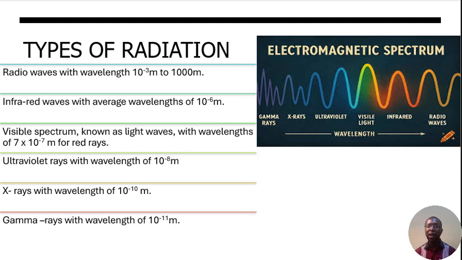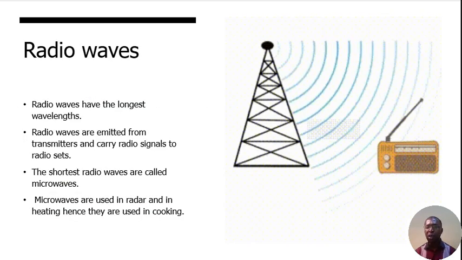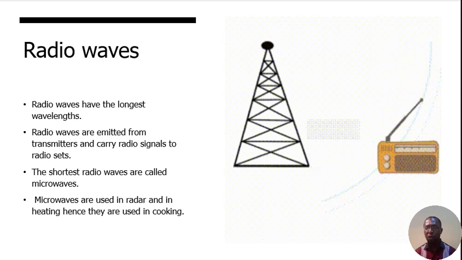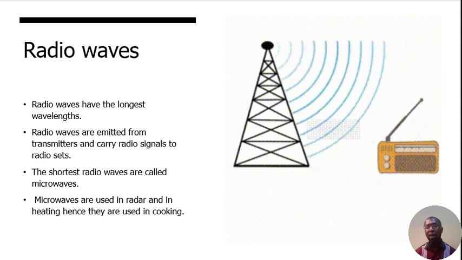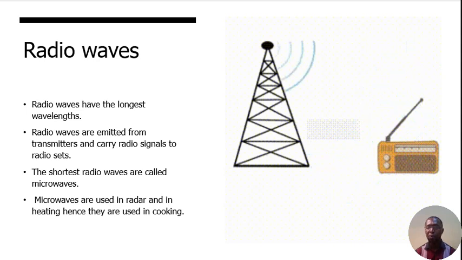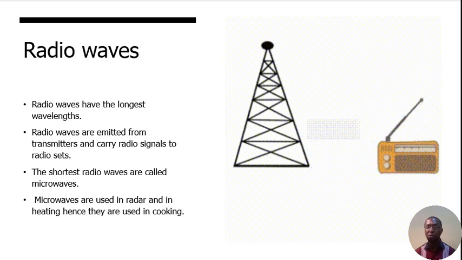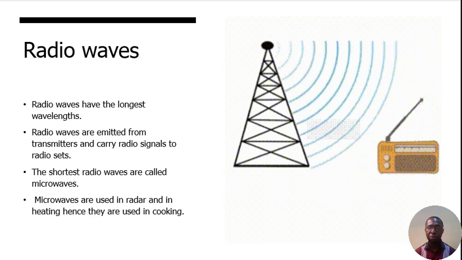Okay, one after the other, let's consider all of this radiation. Let's start with the radio wave. The radio waves have the longest wavelength, as we said before, but it has the lowest penetrating power. It is emitted by transmitters that send their signals to the radio set that we use in communication.